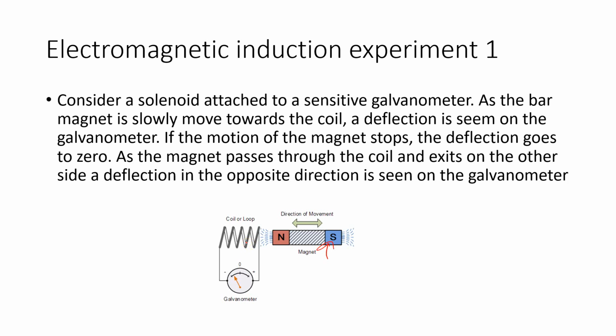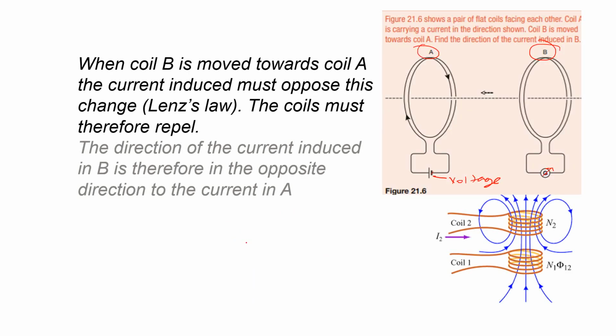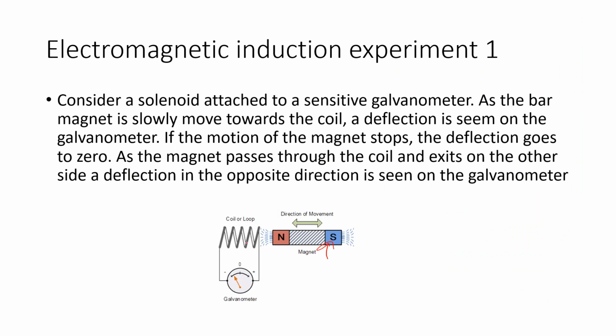Now, here we are, we're just discussing Lenz's law right now. We're going to talk about it a little bit more. So Lenz is saying that whenever we take coil B and move it towards coil A, the current induced must oppose this change.